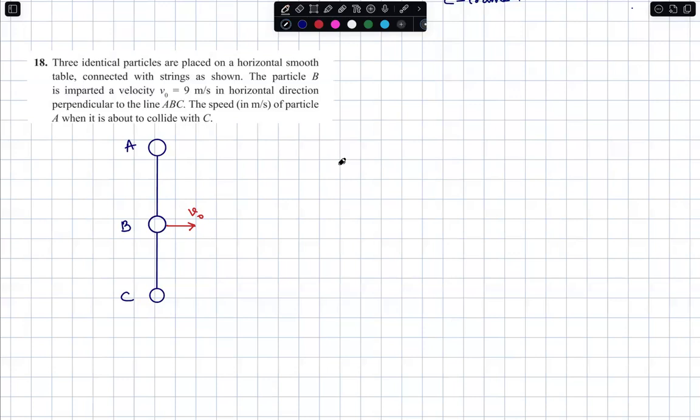Thereafter, at some point of time, you will notice that you will see a situation like this.